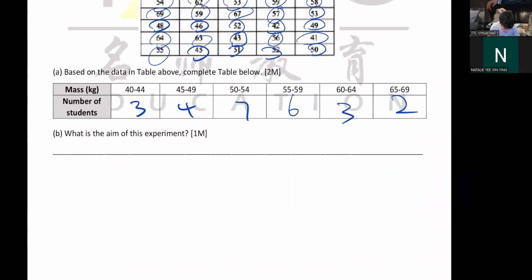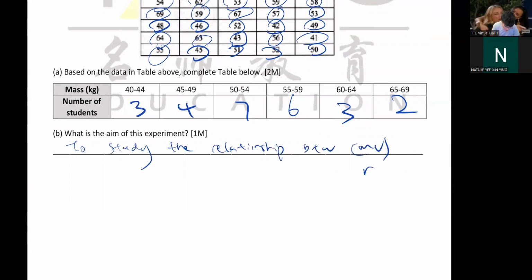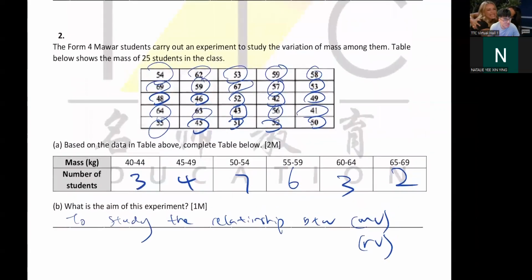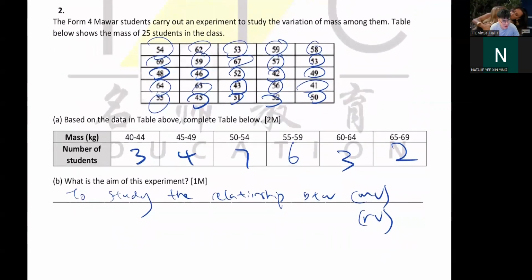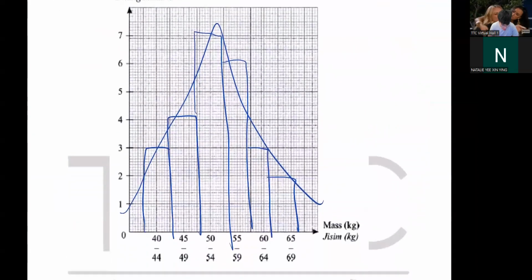The aim is to study the relationship between MV and RV. So to study the relationship between mass and number of students, you can write that too. But that's not the main point. The main point is this.